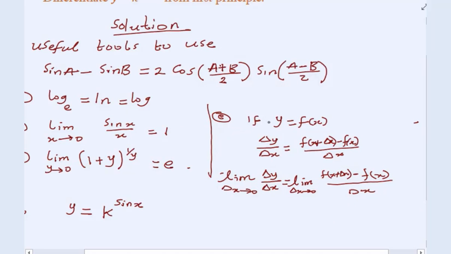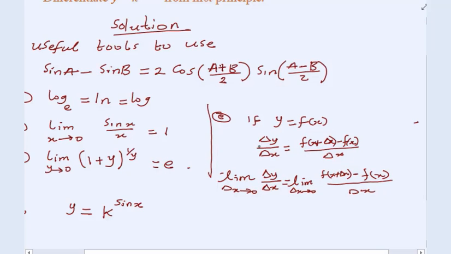For the fifth one, I wrote this to refresh our brain on the formula for first principle. If y is a function of x, you have delta y over delta x equal to f of x plus delta x minus f of x, all over delta x. Then you take the limit as delta x goes to 0 of both sides.